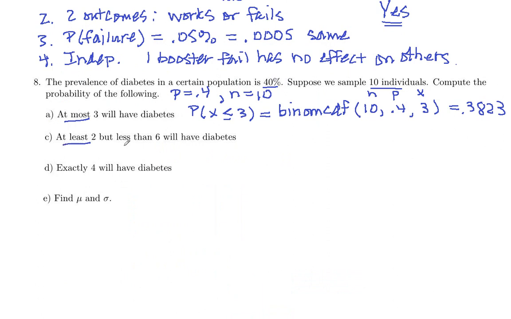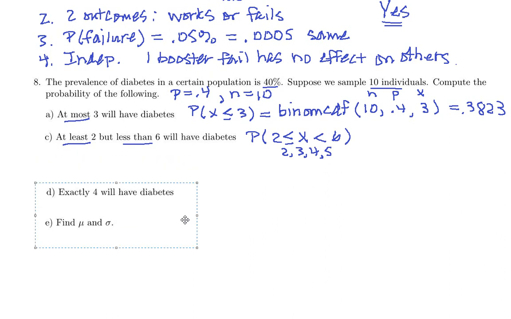At least 2, but less than 6. So this is probability at least 2. So x is going to be between 2 and 6. At least 2 would be x greater than equal 2, but less than 6. So that's going to be 2, 3, 4, and 5. And remember, what we have to do is we have to write this in terms of less than equal probabilities.